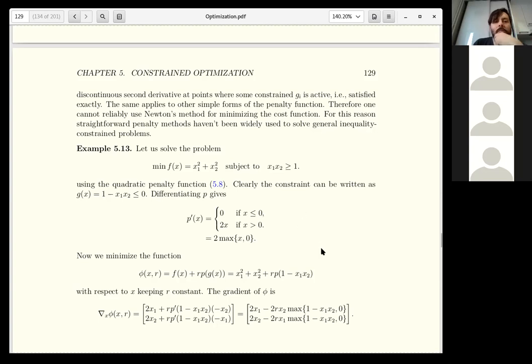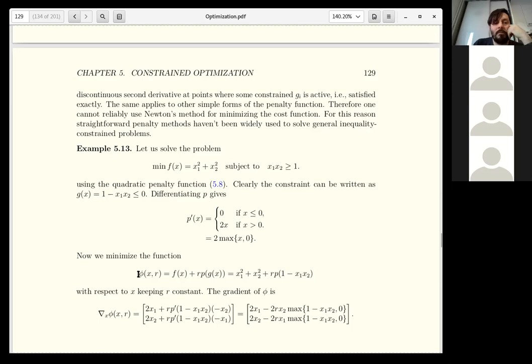We take the penalty function p of x, which is 0 when x is smaller than or equal to 0, and x squared when x is greater than 0. So its derivative is simply 0, or 2x, that is, 2 times the maximum of x and 0.